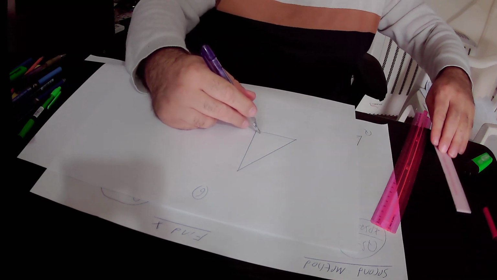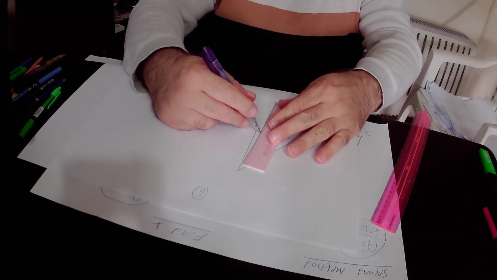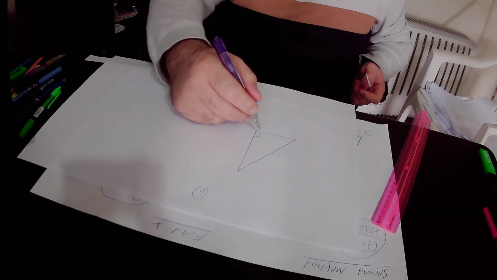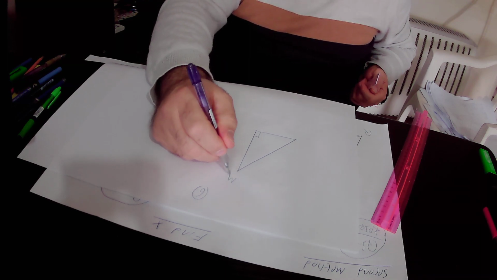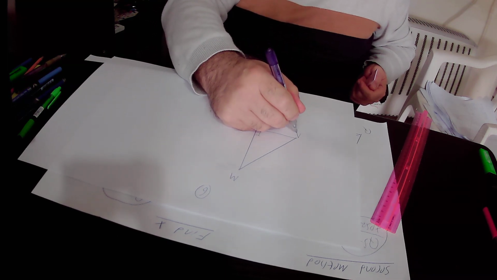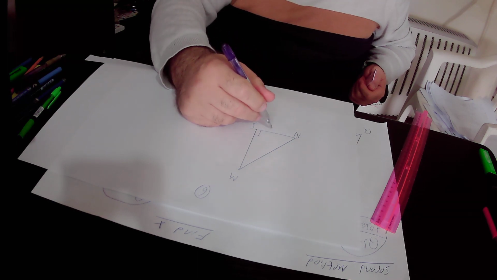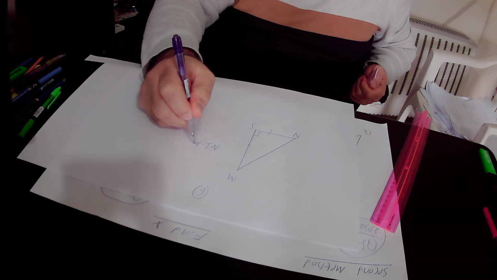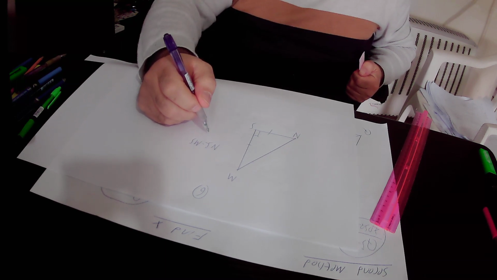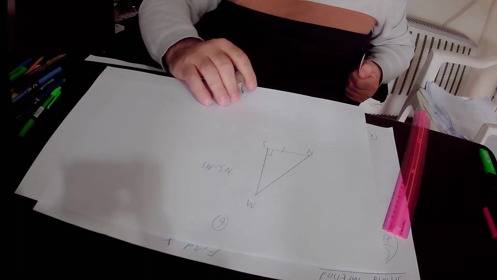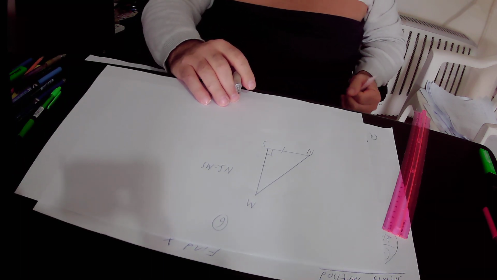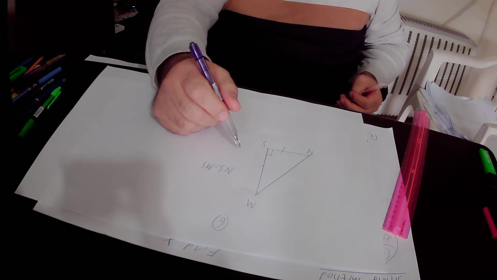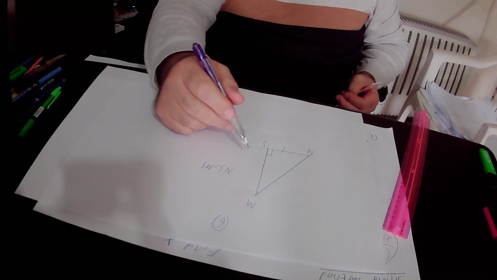So this is a right angle, it equals 90 degrees. And we found out that NS equals MS. We have the rule that in front of equal sides in the triangle there are equal angles.